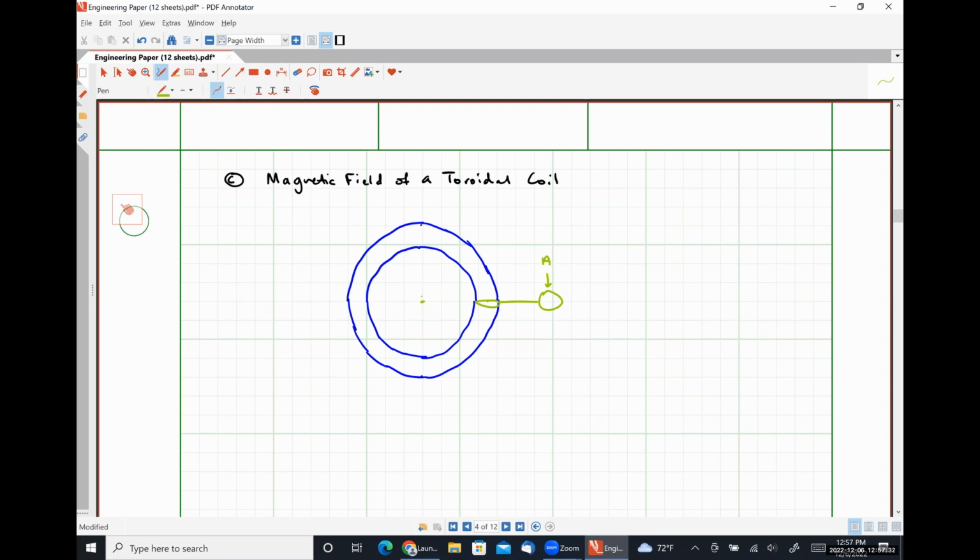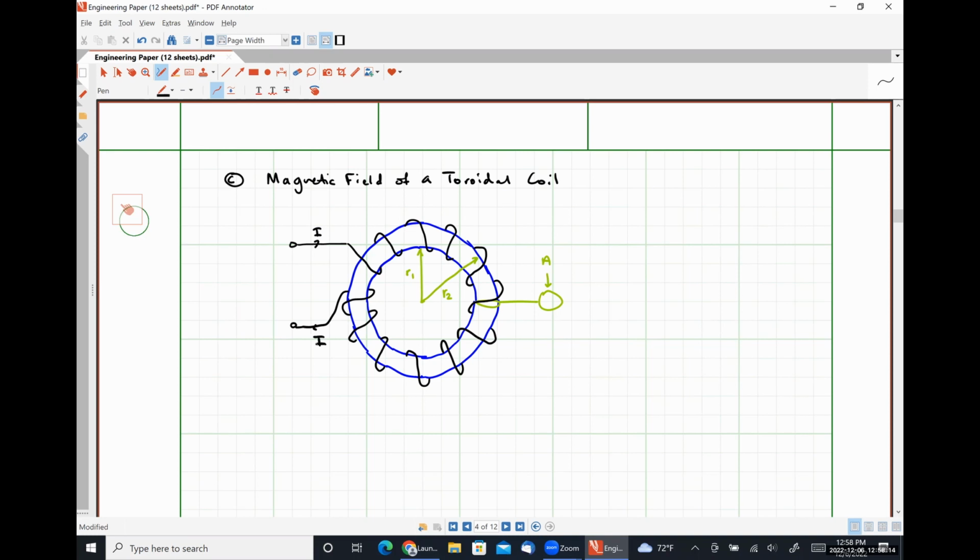Our toroid has an inner radius of R1, an outer radius of R2. Now we're going to wrap a wire around this bad boy. Like so.